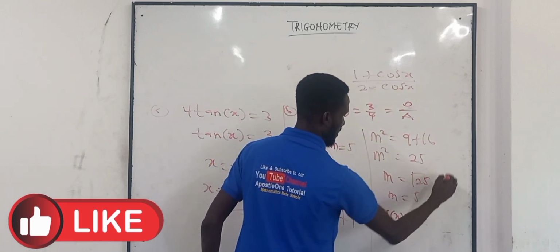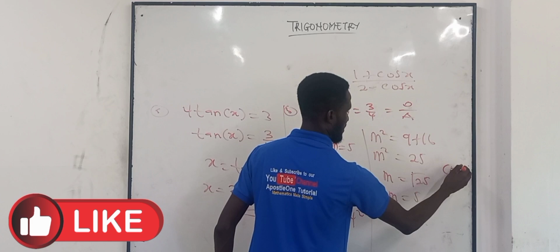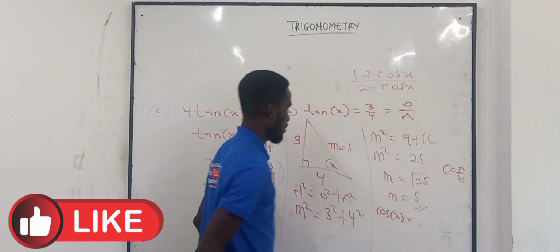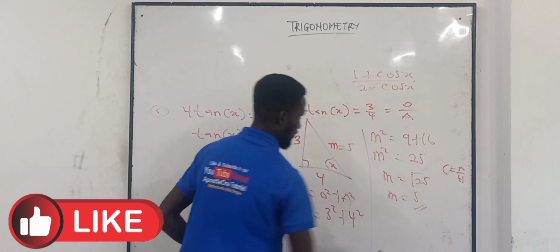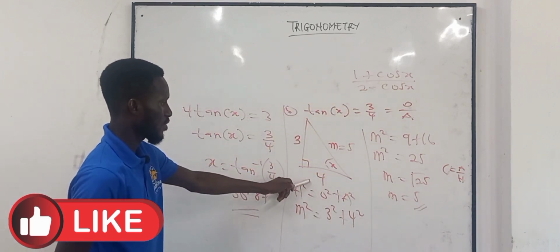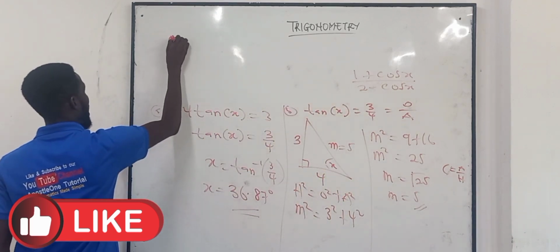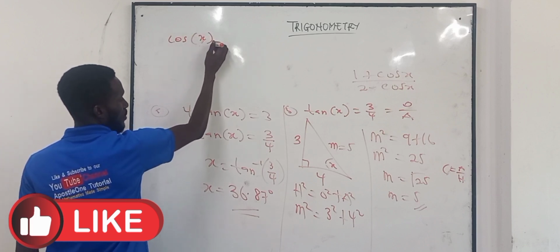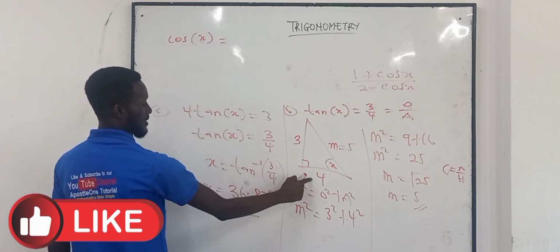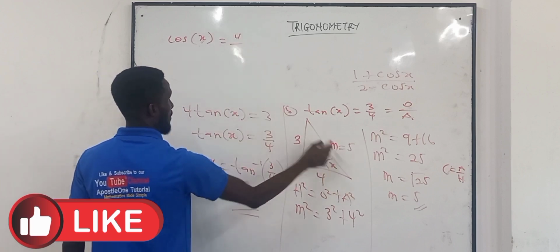Cos is adjacent over hypotenuse. What is adjacent? Adjacent is 4, hypotenuse is 5. So cos of the angle x is adjacent 4 over hypotenuse 5.